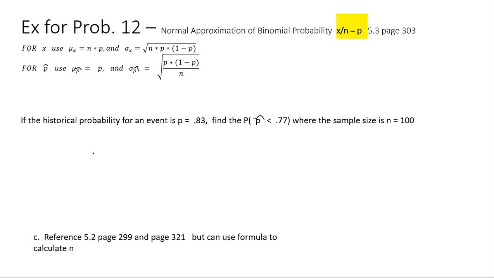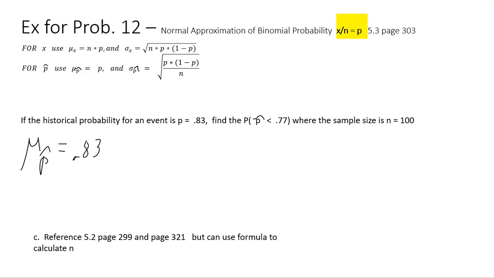What you need to do here is first calculate your mean and standard deviation. Since we're dealing with a probability of p hat, our mean of p hat is going to equal p, so that's going to be 0.83. That's pretty easy.